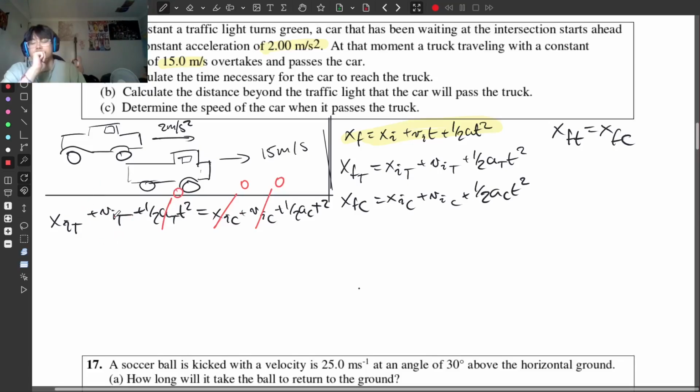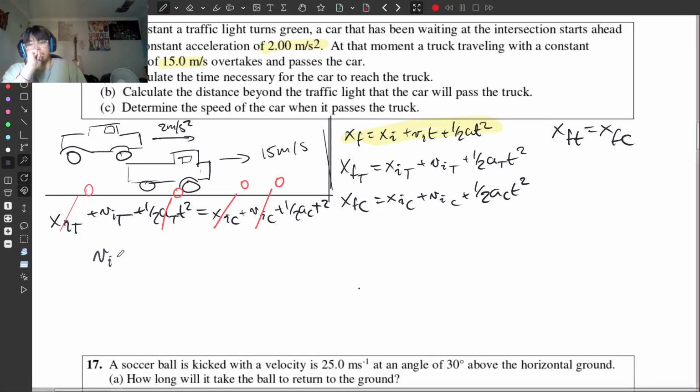However, we know the velocity, and we're going to say that its initial displacement is 0 as well, because we're going to assume that we're measuring both of these from rest. Or not from rest, but we're going to set 0 as being where the traffic light is.